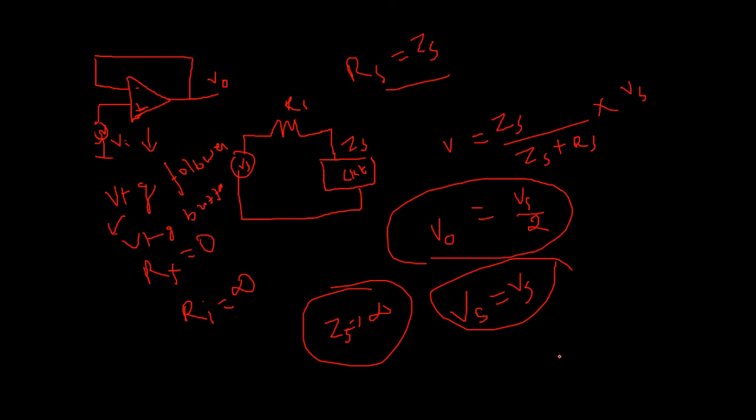We can use this configuration in order to separate two circuits. Consider this is circuit 1. You connect it to the voltage follower because it has high input impedance, and then circuit 2.